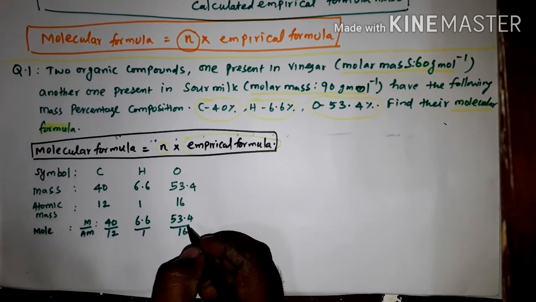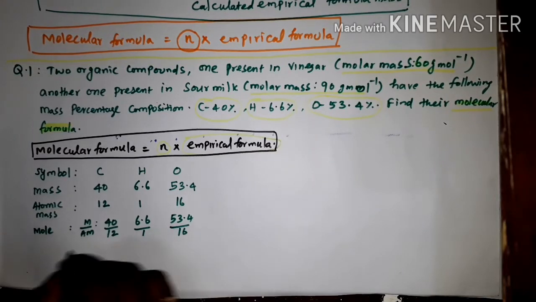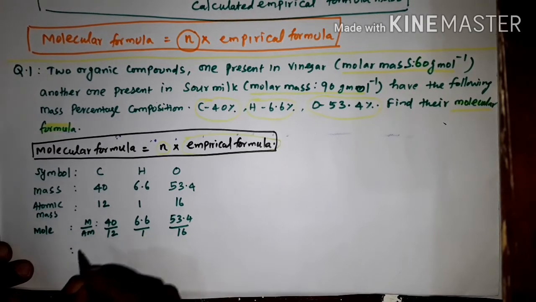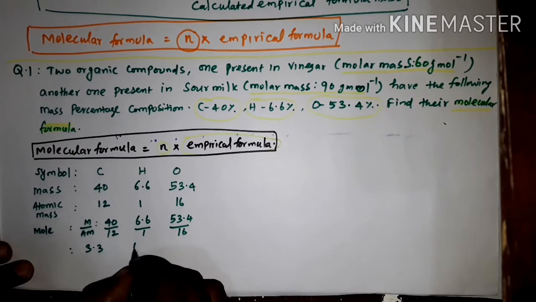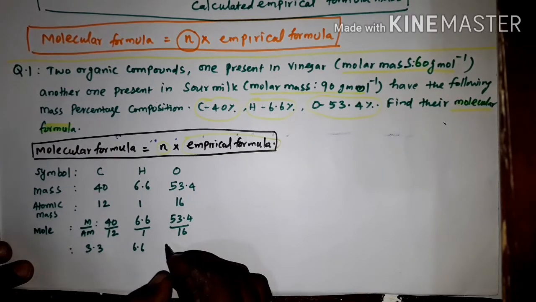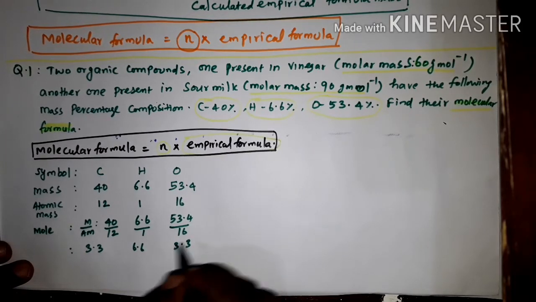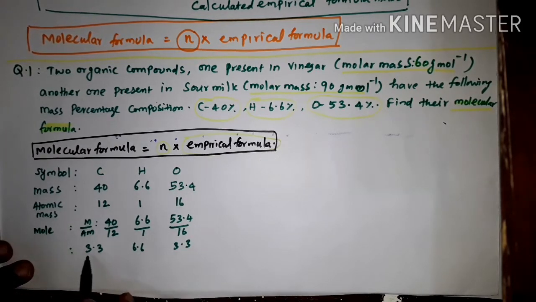Clear? Now, what will be the number of moles? Here it will come 3.3, here 6.6, here again 3.3. Now the simplest ratio.